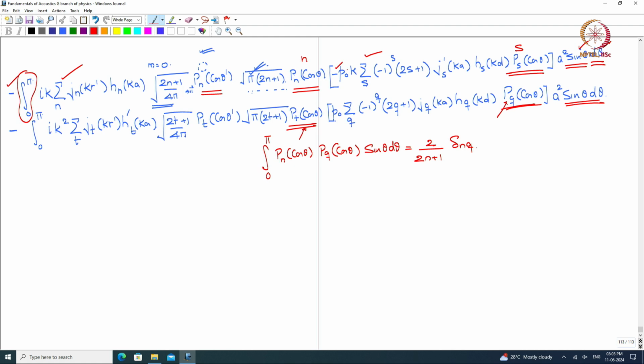So I get i p0 k square, then the summation on n, and so jn of kr dash, Hankel n of ka.